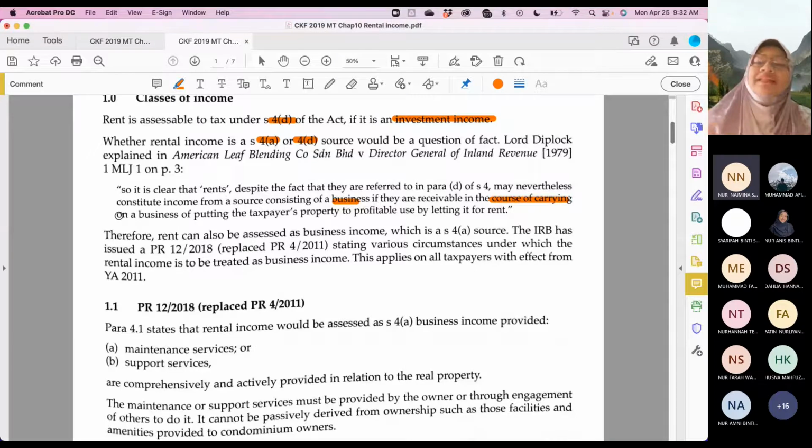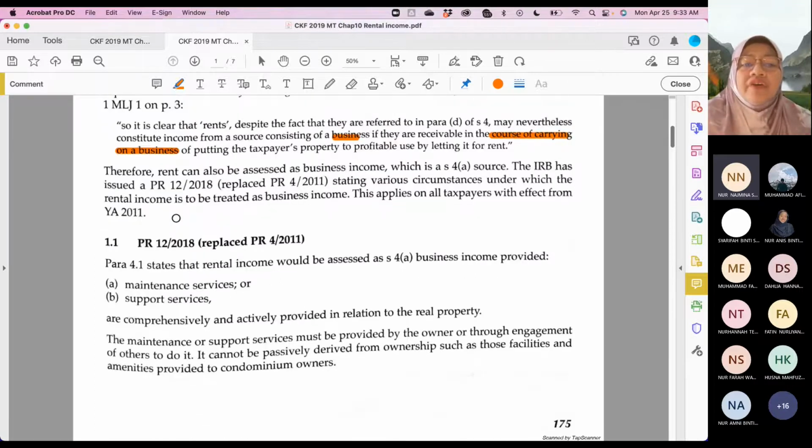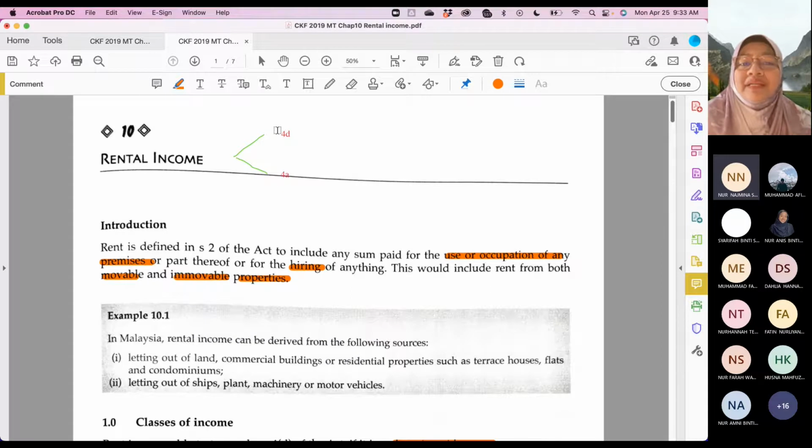So if your business is renting out properties or ships, then the rental income becomes business income, a section 4A income. But if you only have a property that you let out, not as a business, then the income is assessed under section 4D. Therefore, rent can also be assessed under section 4A. That's why from the very beginning I said rental income could be 4D and 4A.